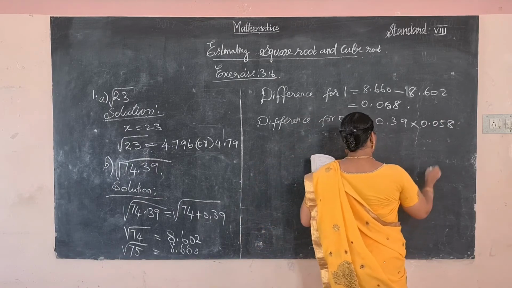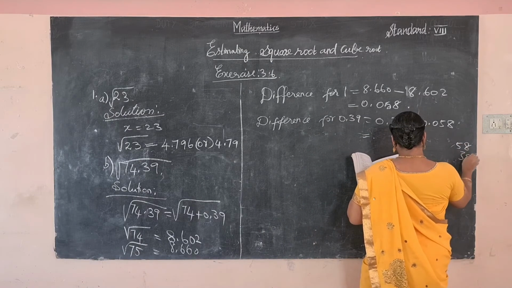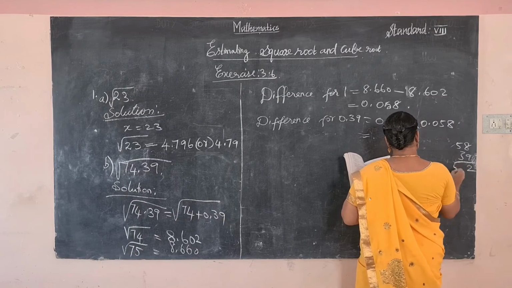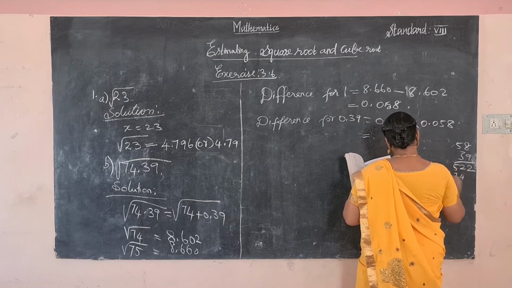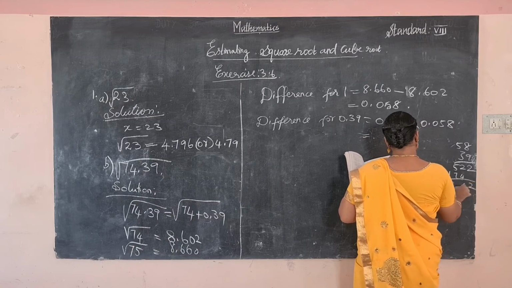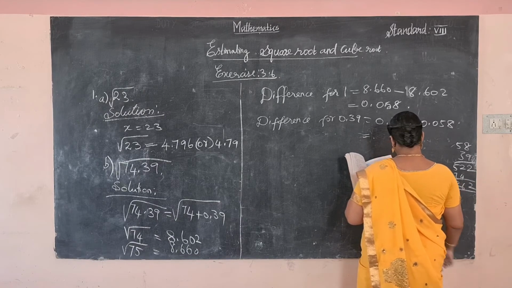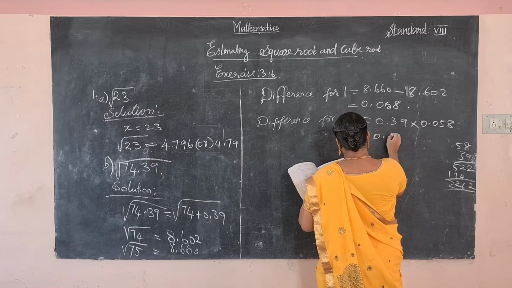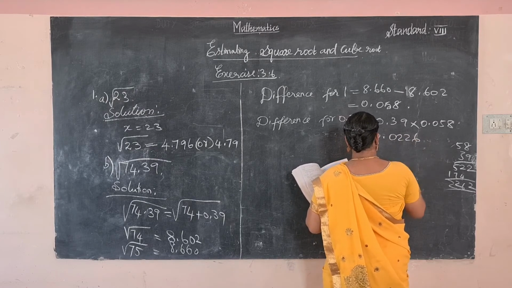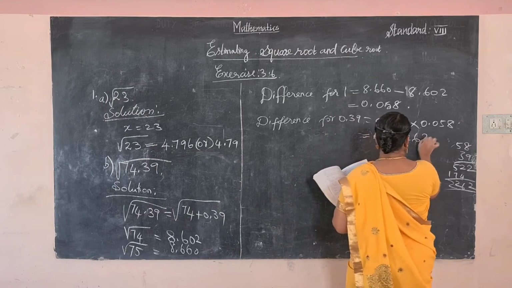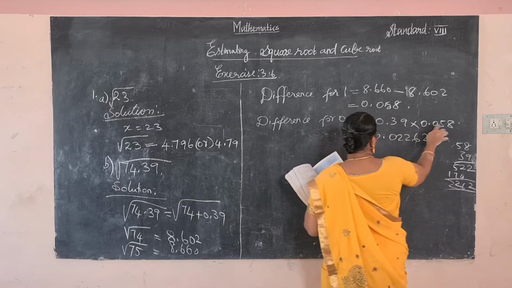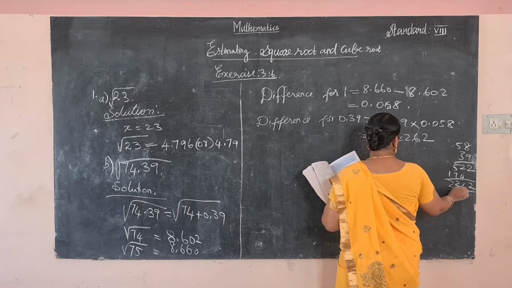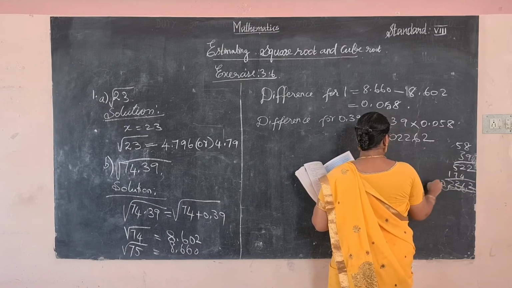So 58 into 39 is 2262. So the value is 0.02262, because how many decimal places? Here 3, here 2. Total is 5. So 1, 2, 3, 4, 5. So add 0 in this place.